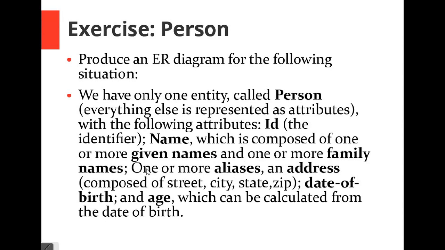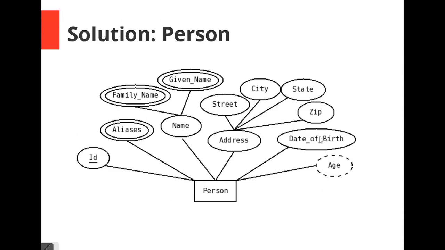We can also have one or more aliases, making aliases a multi-valued attribute. We can also have an address, which has street, city, state, and zip, making it composite. We can have date of birth, which is a simple attribute, and the age, which can be calculated from the date of birth.